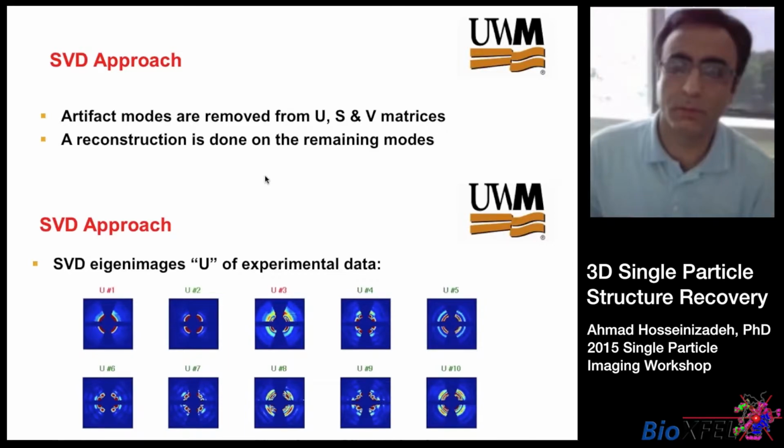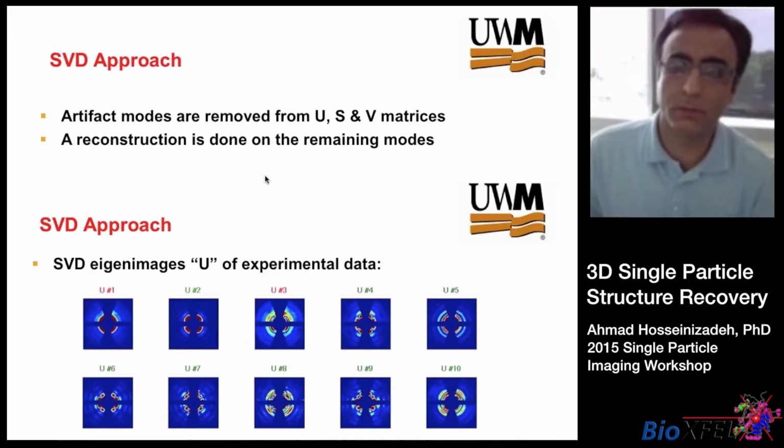Okay, so let's do a standard SVD with the same data I showed before, and these are the SVD eigenmodes. You can see, for instance, this is a kind of artifact mode. These are good because we see symmetries in them. This is, for instance, an artifact. You can see some stuff here, and likewise for the others.